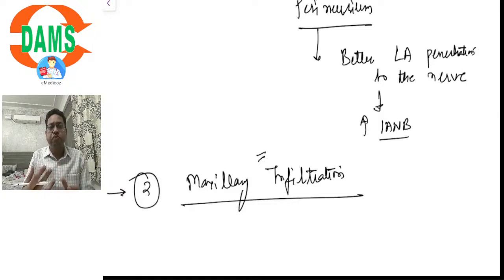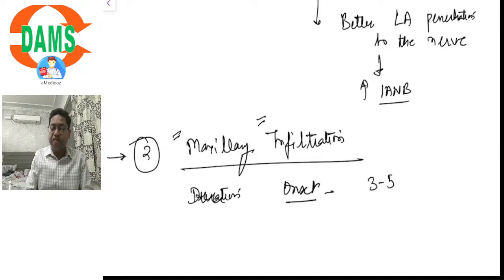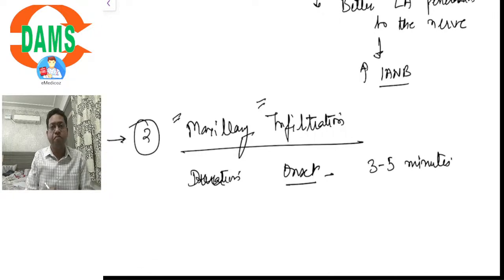Because the maxilla is a porous bone, the local anesthetic deposited in the local vicinity is likely to diffuse through the porous bone and cause sufficient nerve anesthesia. So the maxillary infiltration technique is more commonly used. Firstly, we'll talk about the onset. Onset of pulpal anesthesia is 3 to 5 minutes because the maxilla is porous. The local anesthetic diffuses rapidly, and within 3 to 5 minutes, we achieve pulpal anesthesia.